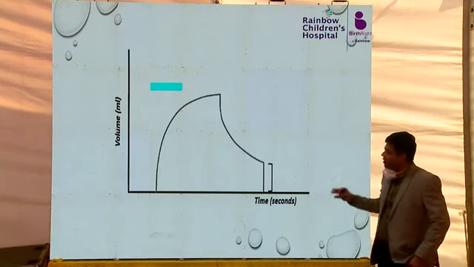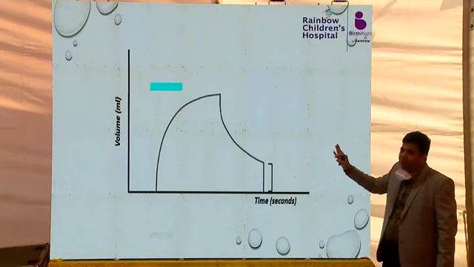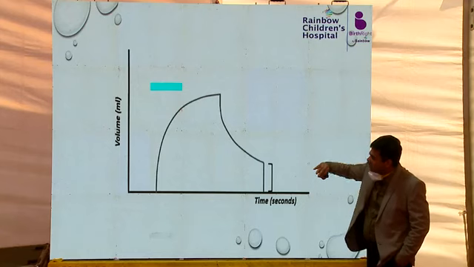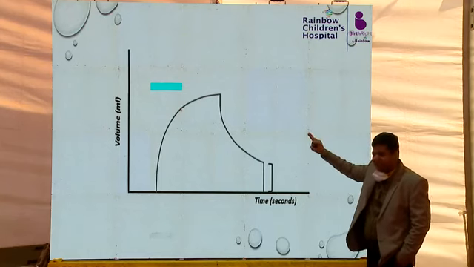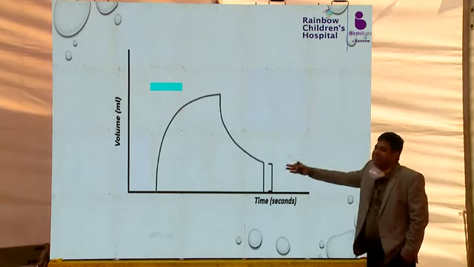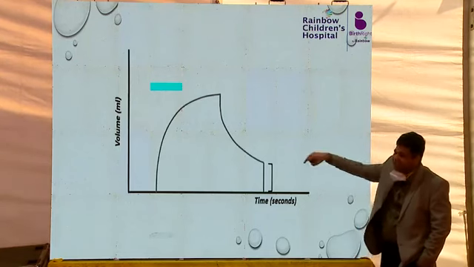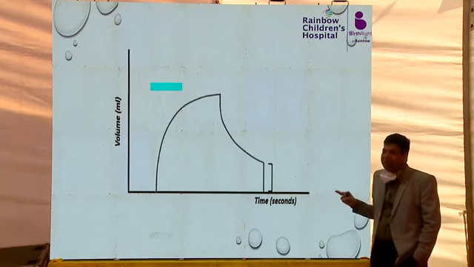No, it's not air trapping. Basically the inspiration is complete, but the expiration is not there. This is a leak happening. When there is a leak, the flow sensor basically does not calculate it. Try to understand.